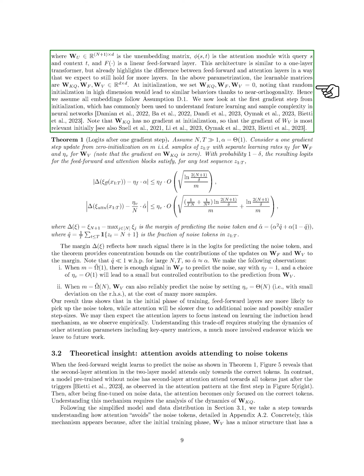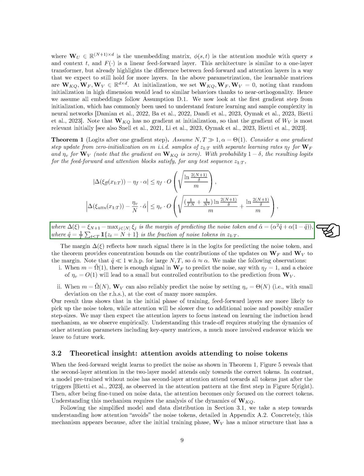The theorem we present discusses the resulting logits for the feed-forward and attention blocks after one gradient step, providing concentration bounds on the impact of updates on W_F and W_V on predicting the noise token.